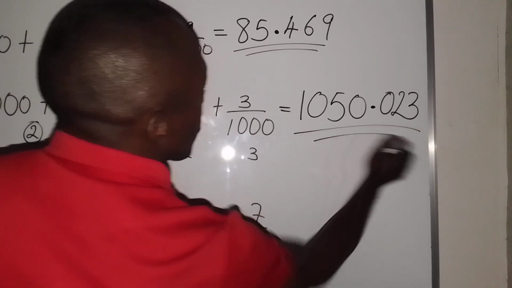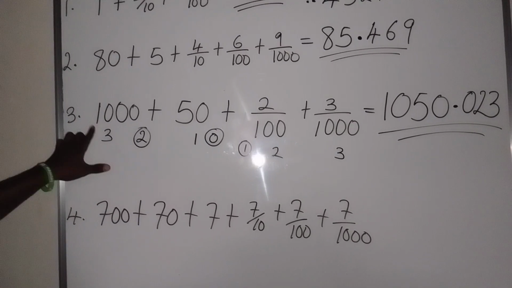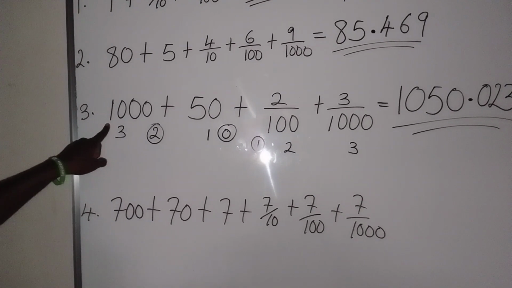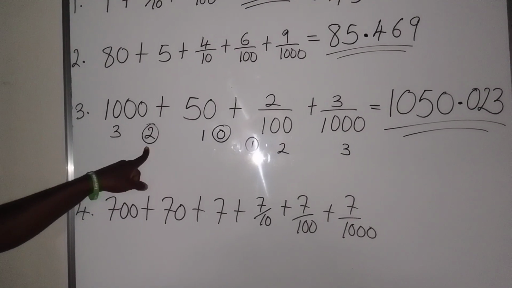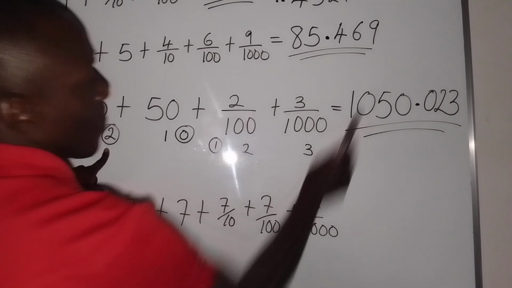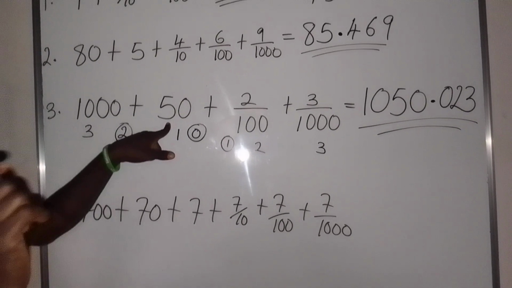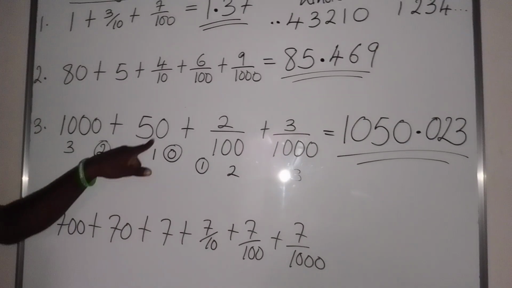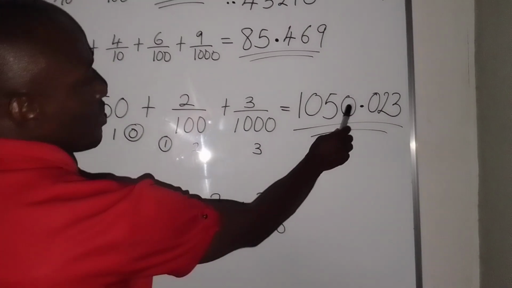Now, looking at this, if you observe closely, if they didn't skip any number, you pick the first number. They skip a number with 2 zeros, so we don't know the number, so we just fill in with 0. A number with 1 zero, we have it, the 50, so we write our 5. Then a number without zero, we don't have it, they skip it. What happens? We fill it with 0.